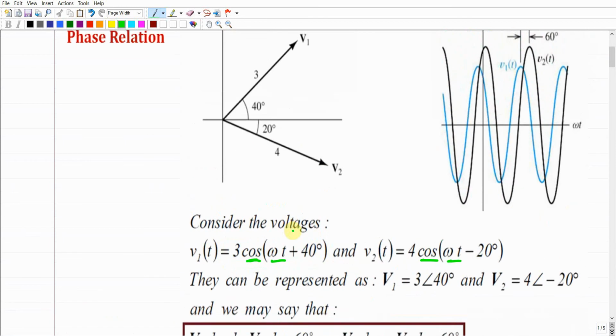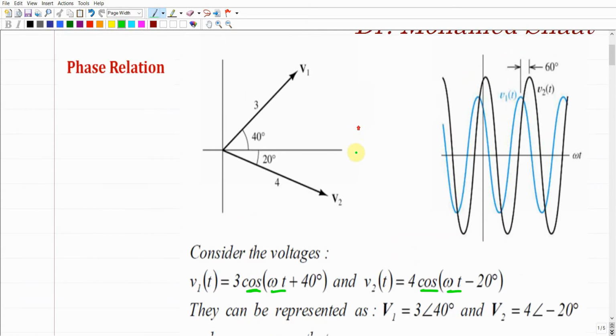If we decided to give a schematic representation of these phase angles of 40 and 20, V1 should be at angle 40 degrees, rotating from the x-axis, the real horizontal axis. Assume that this is the real axis, or the x-axis, and this is the imaginary axis, or the y-axis.